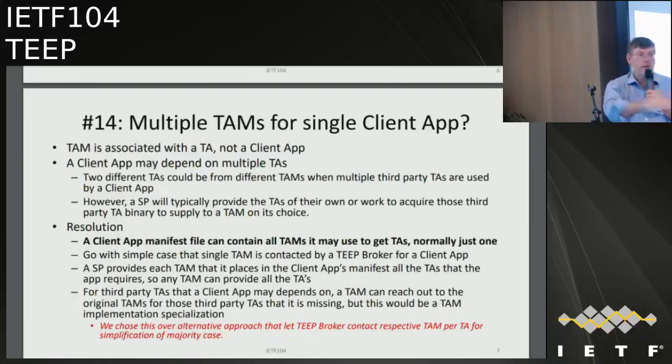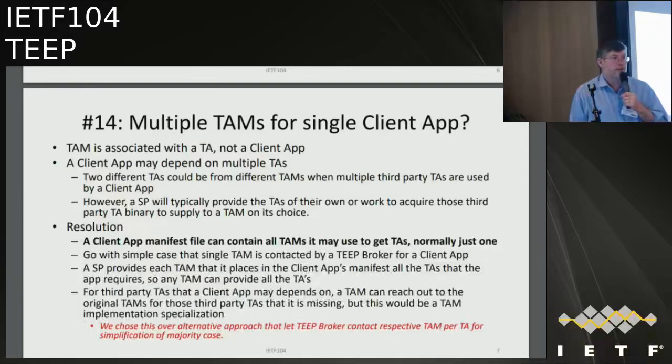It looks at its trust anchor list and asks which TAMs do I trust? And obviously there should be some intersection. You select a TAM, you go out to that TAM and get it. So the manifest is supposed to provide you the information of what TAMs have all of these elements, where to get it, and its public key. And so that's how that's supposed to work.